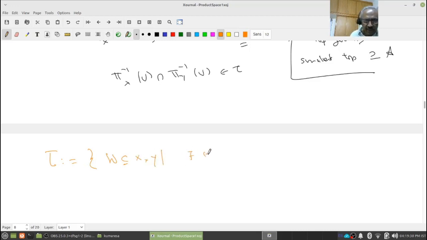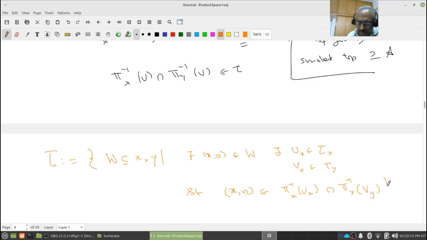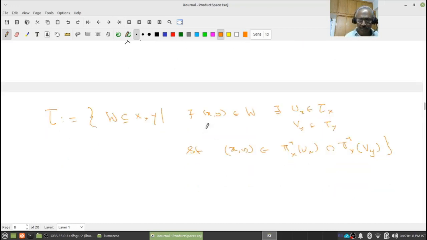So that for every xy in w there exist ux in tau x and vy in tau y, so that xy belongs to pi x inverse of ux intersection pi y inverse of vy. Don't be intimidated. This is not what you would have seen in product topology, but bear with me for a while. This insight will help you.